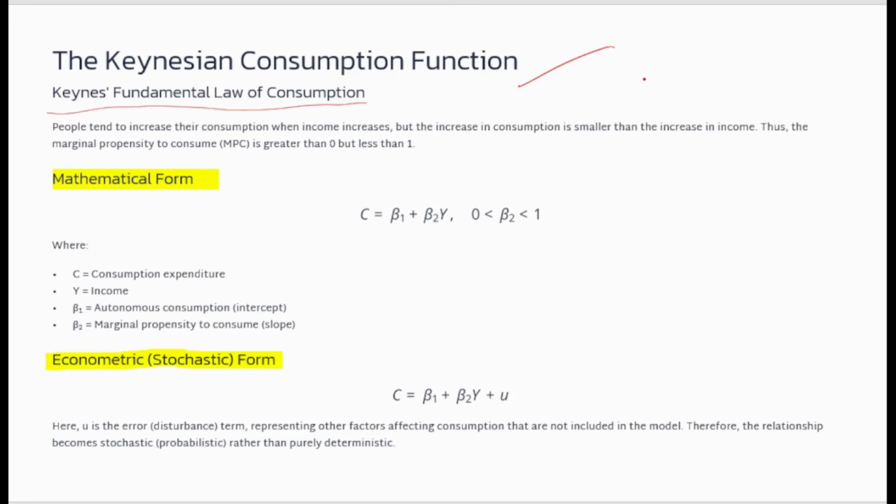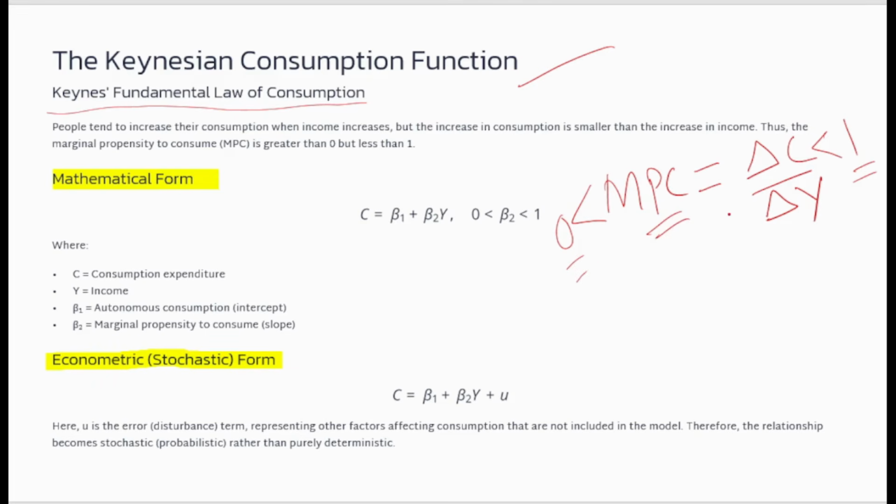This means the MPC, or marginal propensity to consume, which is the change in consumption due to the change in disposable income, should lie between 0 and 1. That means MPC should be greater than 0 and MPC should be less than 1.